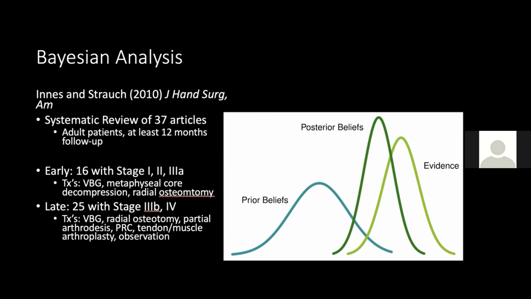And as data accumulates, you continue to shift this probability curve in order to fit the observed outcomes. As opposed to relying on an a priori definition that a p-value of 0.05 is significant, this allows the researcher to accumulate data in real time and may be helpful for relatively rarely observed conditions such as Kienbock.